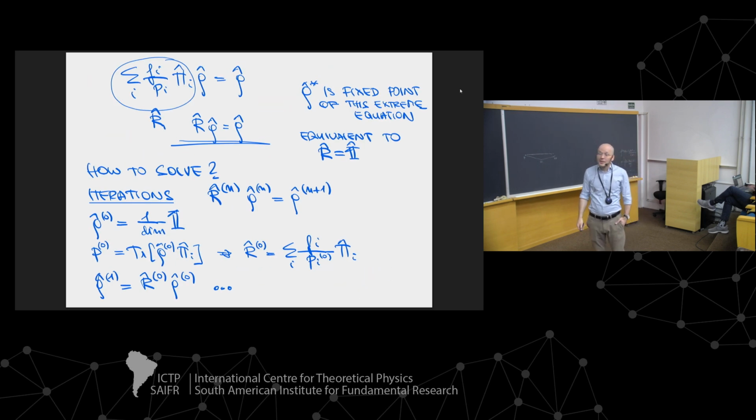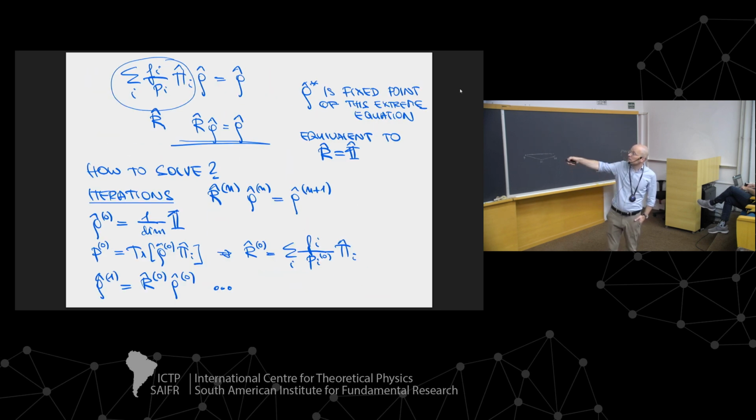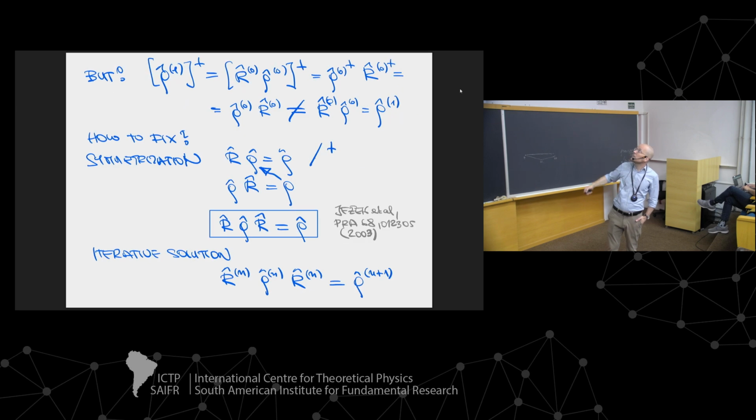Okay, there is a small catch. Let's look at this first iteration of the quantum state and see if it's a Hermitian operator. Not really. It would be Hermitian only if these two operators commuted, which in general they definitely don't. So how to fix this? Very easily. We just need to make this iterative extreme equation symmetric.